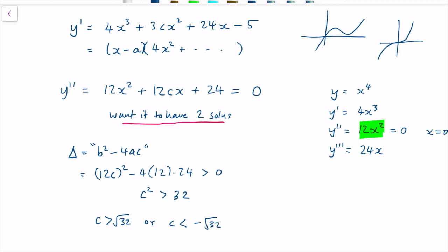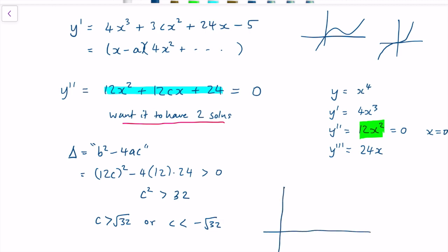Now, just a last pointer on, are they points of inflection? So if we have a c value in those ranges, do we get 2 points of inflection? Or do we just get 2 points where the second derivative is 0? So if we look at this second derivative, it's a parabola, and we are solving it greater than 0, so we're finding out 2 points where the second derivative equals 0.